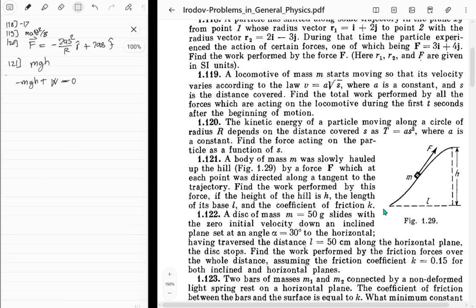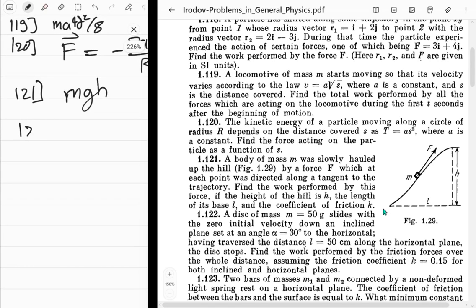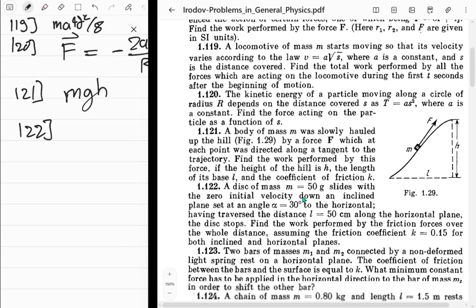Right, next. 122. A disk of mass m equal to 50 g slides with zero initial velocity down an inclined plane set at an angle alpha equal to 30 degrees to the horizontal.